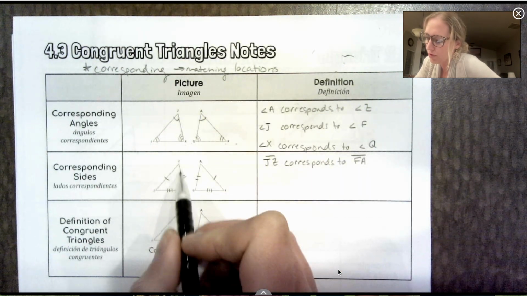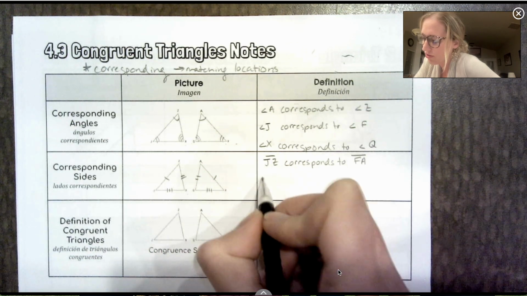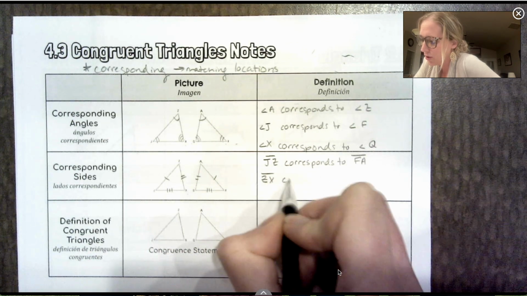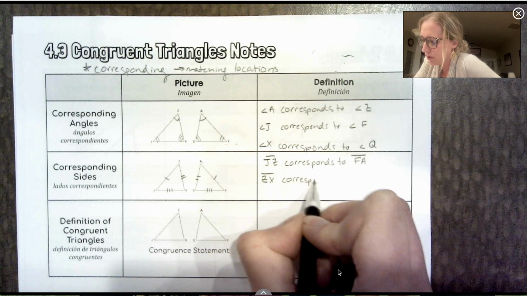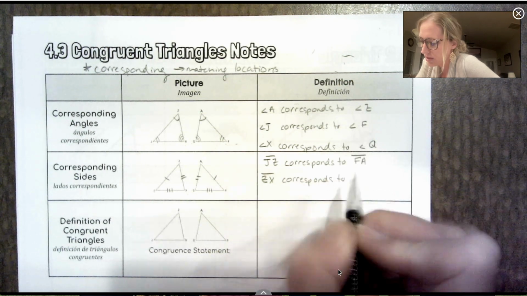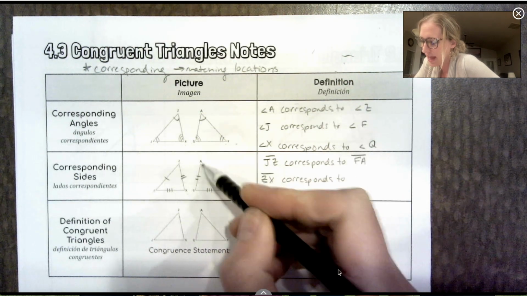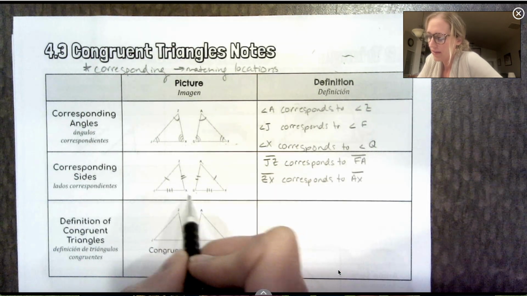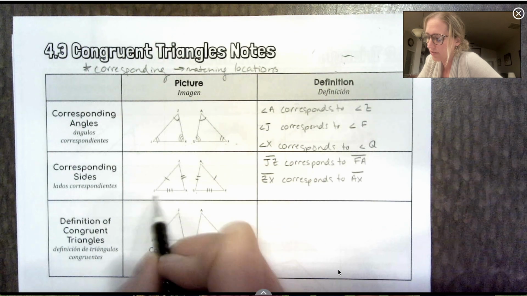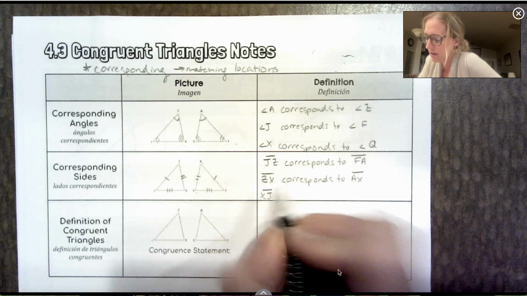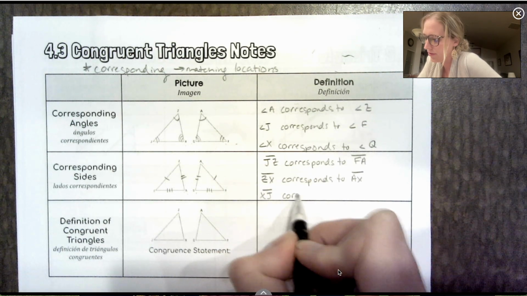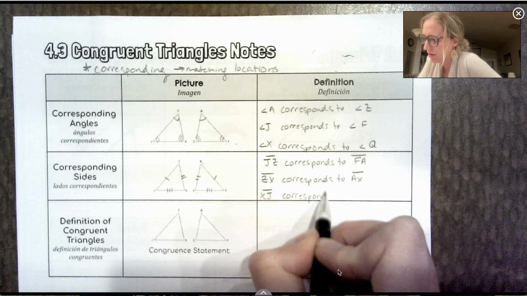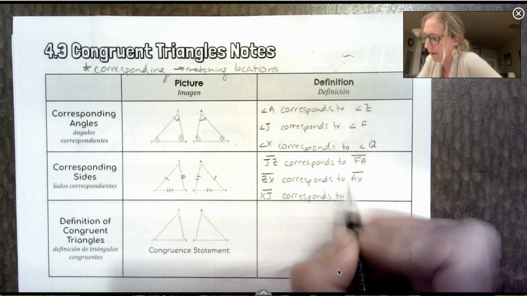Okay, let's try another one. So if I do ZX, I want to say that corresponds to AQ. Okay, and then lastly, if I did XJ, that's going to correspond to QF.